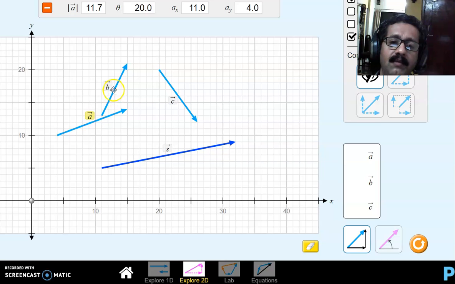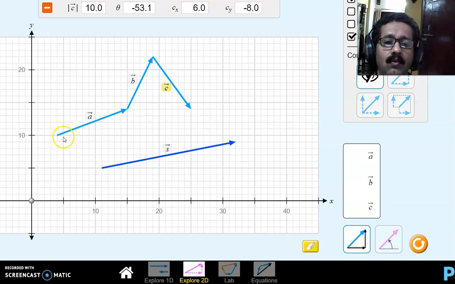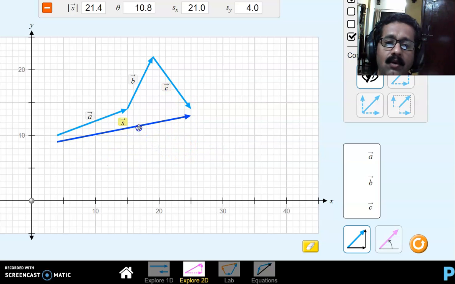This is my vector B, which I put somewhere here, and this is my vector C, which is taken to the end point of B. So from the first point, this is A, from here to here it is B, here to here it is C. Then the resultant, A plus B plus C, is supposed to start from the first point of A and go till the last point. So if this is a sum of all of them, it must match with this, and it is actually matching.